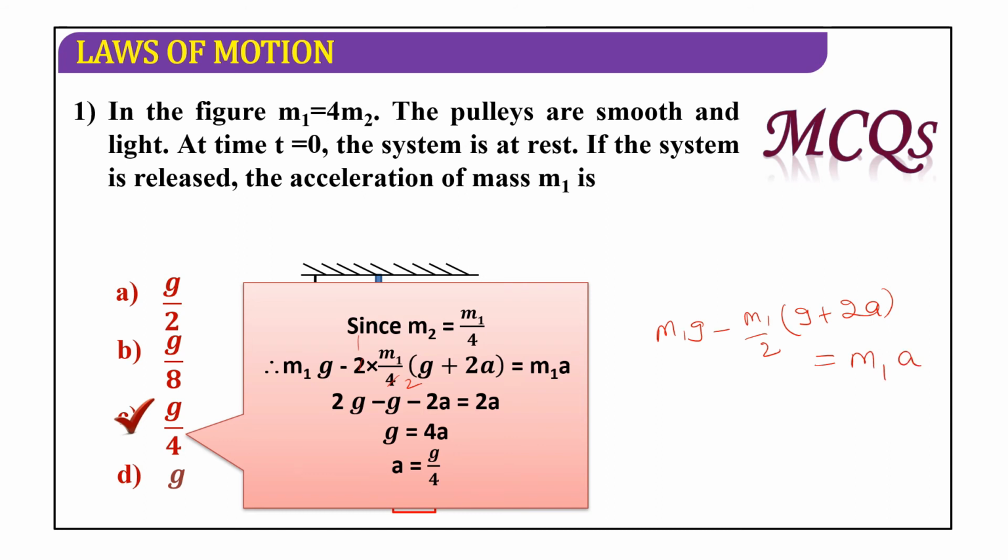Taking m1 as common, m1 cancels, so g minus (g plus 2a) by 2 is equal to a.